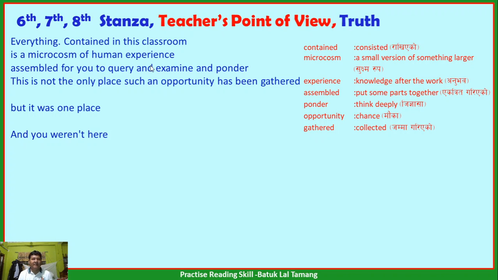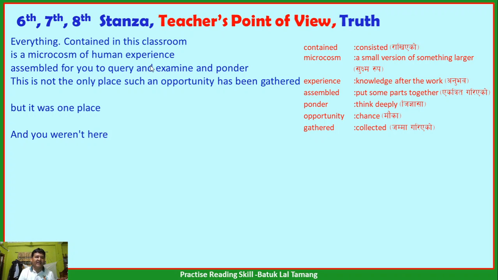The collection of human knowledge in compact form that we find in the classroom, we do not find anywhere else. So the classroom has been called the microcosm of human experience. And assembled means collected together, put some parts together, everything.